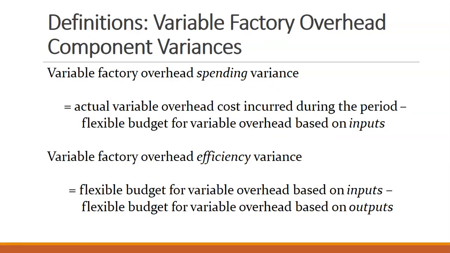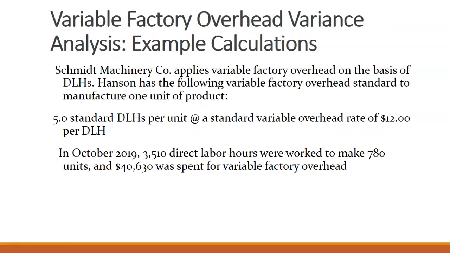The spending variance is the actual variable overhead cost incurred during the period minus the flexible budget for variable overhead based on inputs. And the efficiency variance is the difference between the flexible budget based on inputs and the flexible budget based on outputs. So let's look at an example.